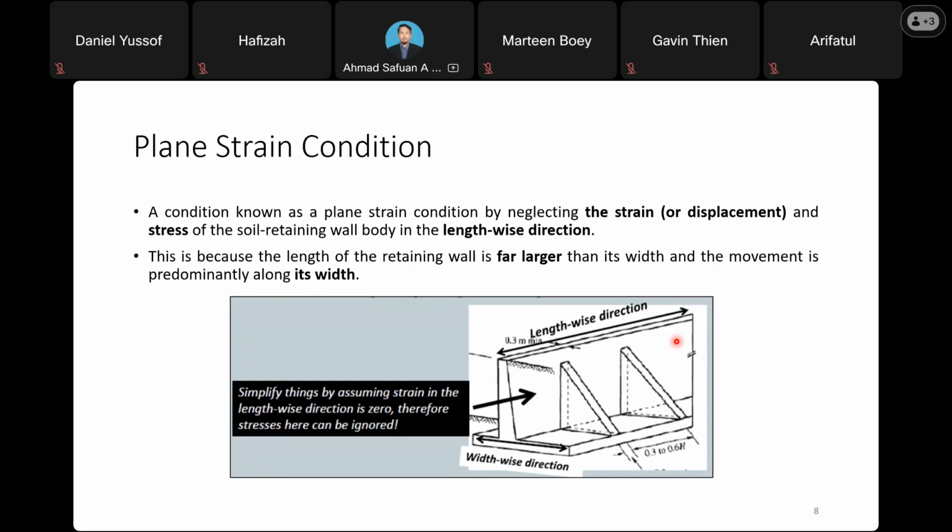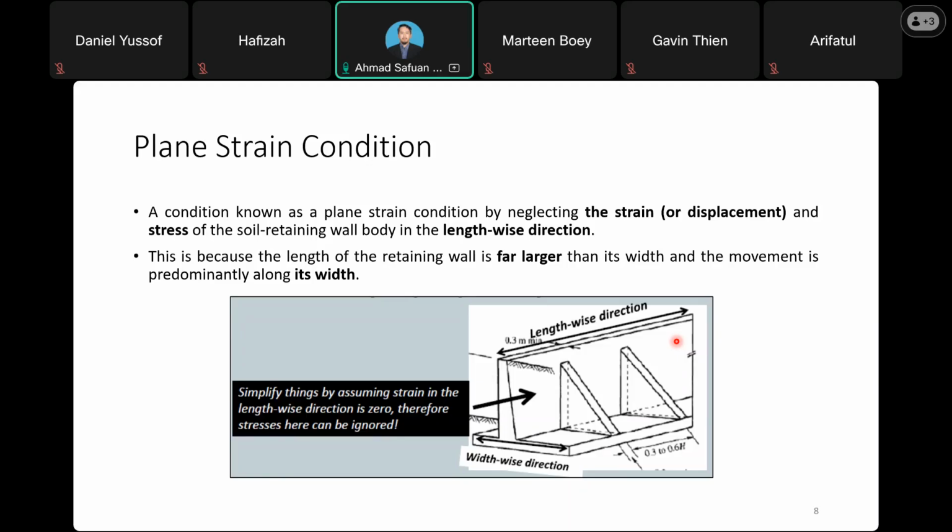In order to ease our calculations, we may assume it is in a plane strain condition, so we may neglect the strain or displacement and stress in the length direction.